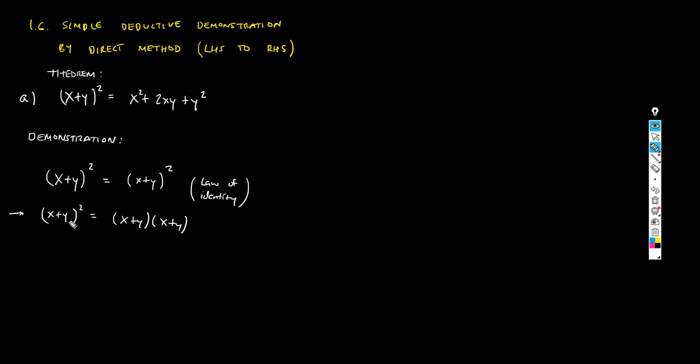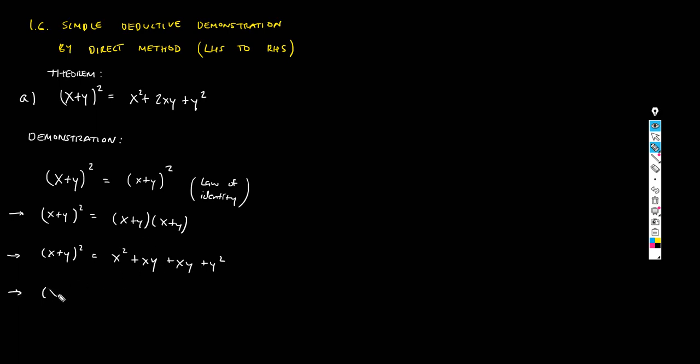You see, this was my second step in my chain of reasonings. Then we go x times x, x squared, x times y, xy, y times x, xy, and y times y, which is y squared. You see, we have another step in the demonstration.